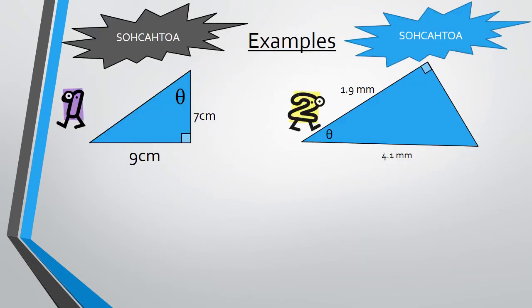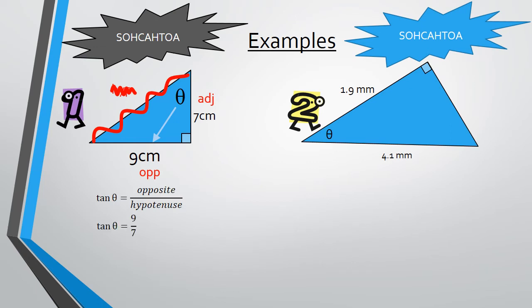Alright, 2 examples. First example, following our steps, same as before, figure out which ratio we need to use, and opposite and adjacent should be tan. Filling in the information, tan theta equals 9 over 7. This time we're going to take inverse tan of both sides.